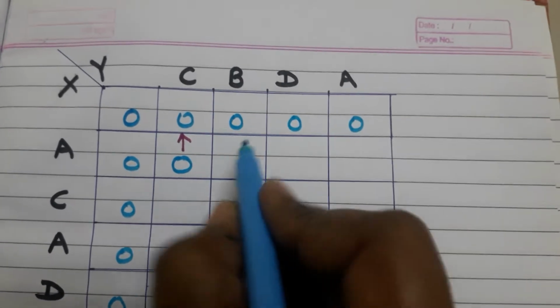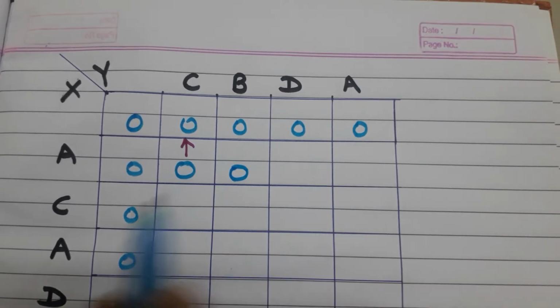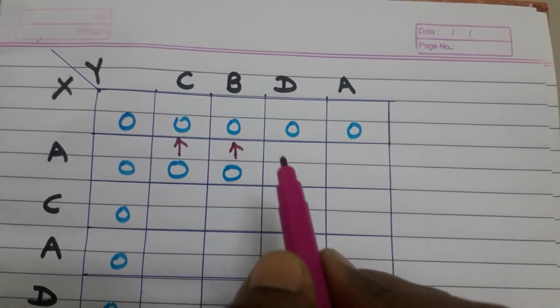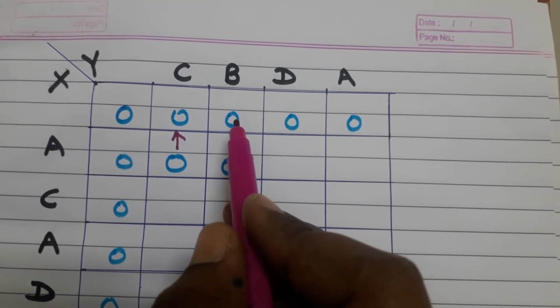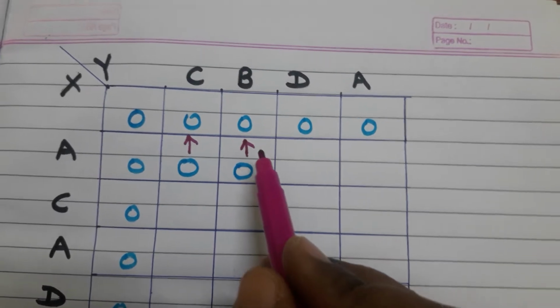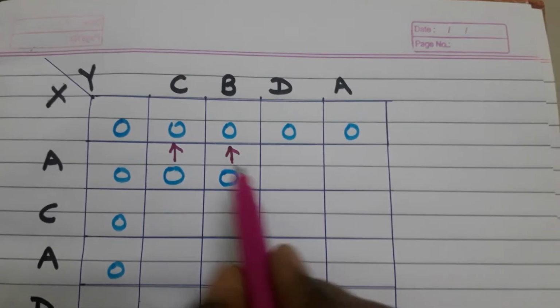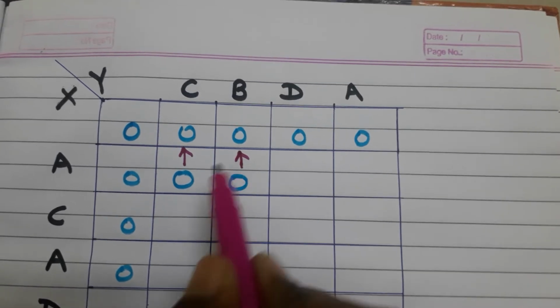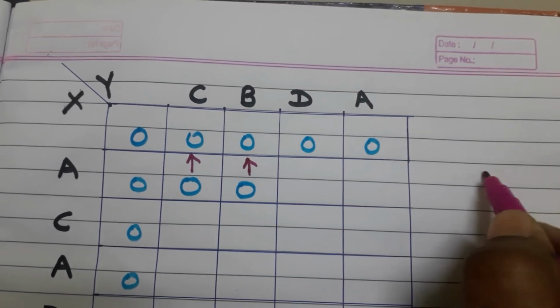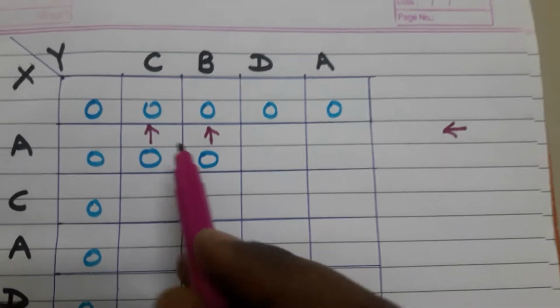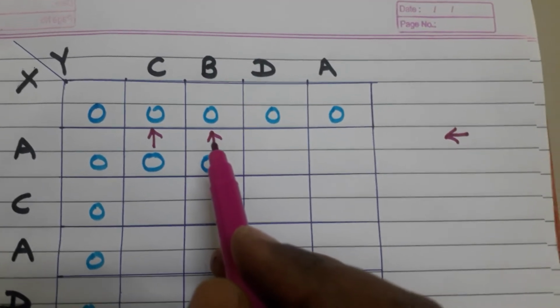Both are equal, so we can take any 0. We can consider that this 0 comes from the above row, so I draw the arrow in this way. You can also draw the arrow horizontally, for example like this. Here I draw an arrow like this.